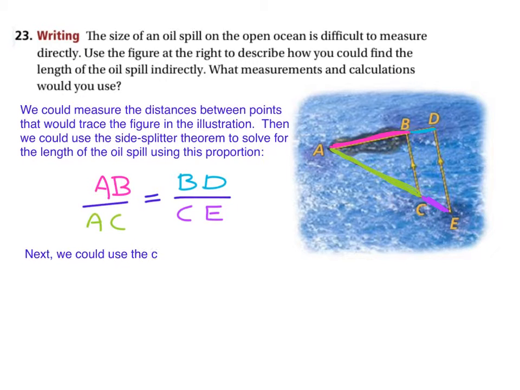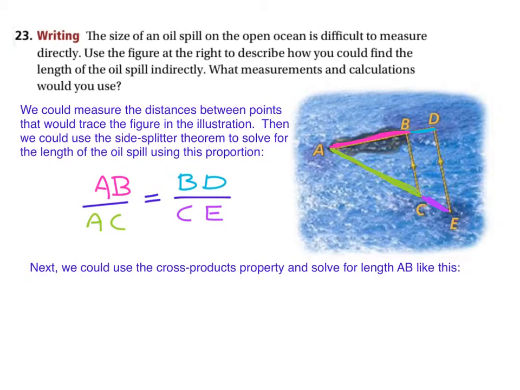Next, we could use the cross products property and solve for length AB like this. And then what we would have here is this.